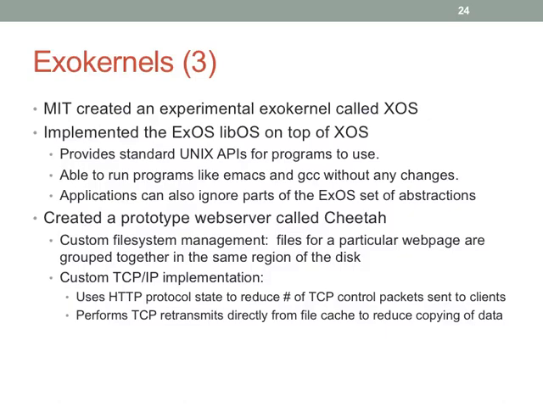And the networking stack was aware of HTTP, so it was able to take advantage of what state it was in on the HTTP request-response and so forth to make sure that I can minimize the number of packets I have to send. And when I do need to resend stuff, I can do it straight out of the file system cache because I have access to all of it because it's all mine. Okay, so this was the idea behind Cheetah.